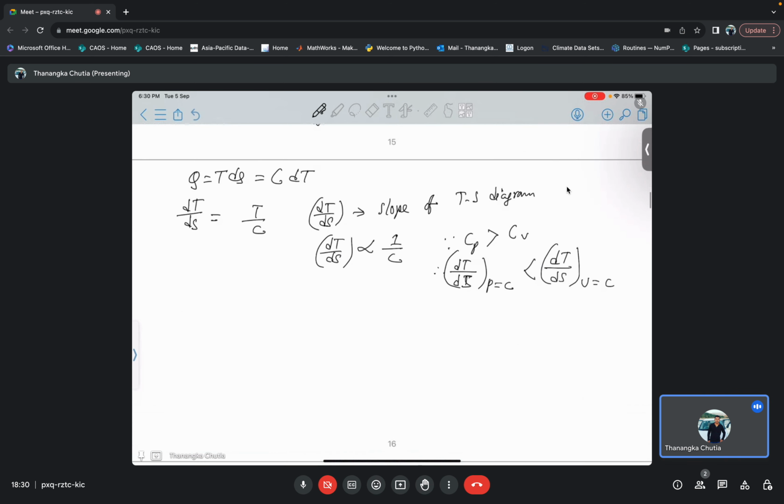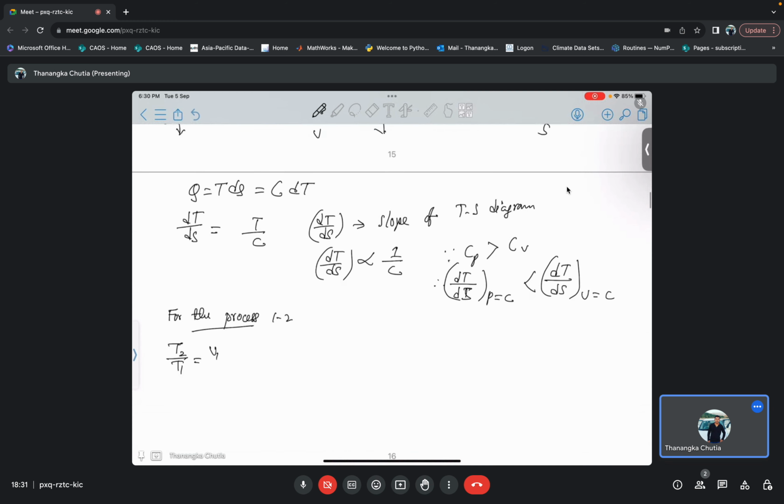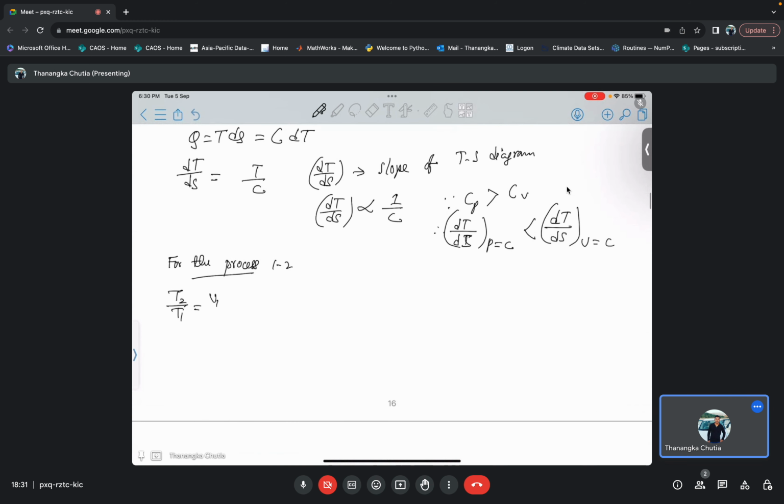So for the process 1 to 2, T2 by T1 is equal to V1 by V2 to the power gamma minus 1. So from here T2 will be T1 into Rk to the power gamma minus 1.